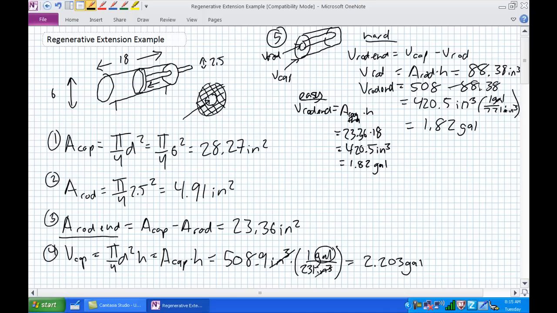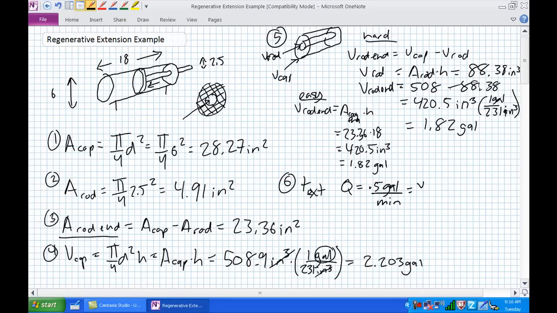Okay, so now that we've got our values right there, let's go ahead and figure out how long it takes to extend this thing. So, time for extension, and our flow rate is 0.5 gallons per minute. This could also be rewritten as gallons per minute.